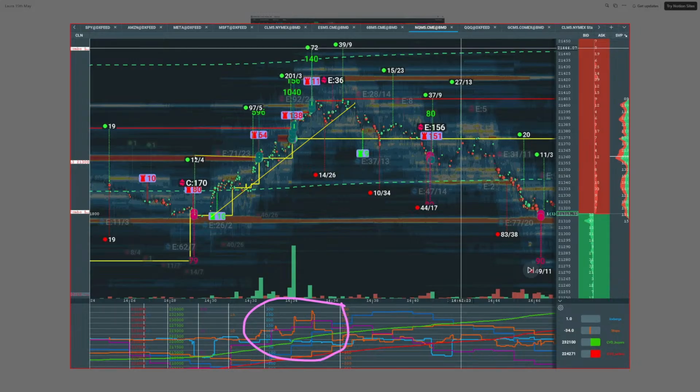But look at the high. It's a little difficult sometimes to gauge in the open how much pressure they really have. We don't know, but we do know that a lot got filled. And then we see that it basically exhausts out up here. You can clearly see that here.